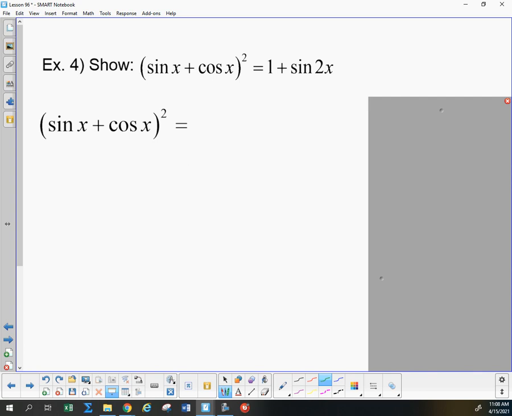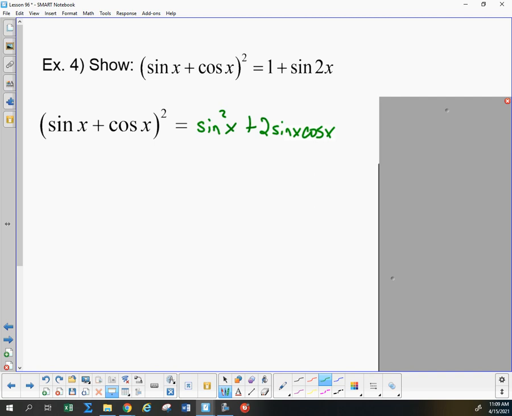What do you want to do when you see that, Cal? Okay, let's expand it out. So let's see, sine x times sine x would be sine squared of x. And then I'd have 2 of the sine x times cosine x. And then I would have plus cosine squared of x.